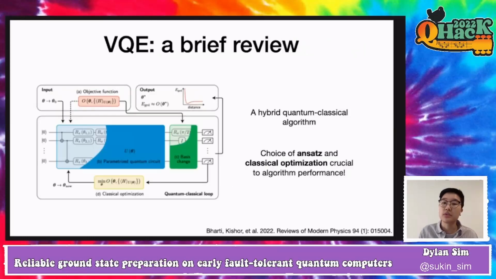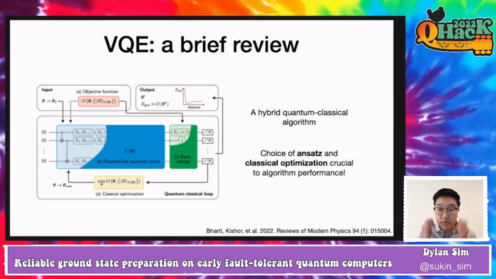And so to give a brief review of VQE, VQE is a hybrid quantum classical algorithm. And according to the left figure, on the quantum computer, you prepare a quantum state of interest using some sort of parameterized quantum circuit or an ansatz.